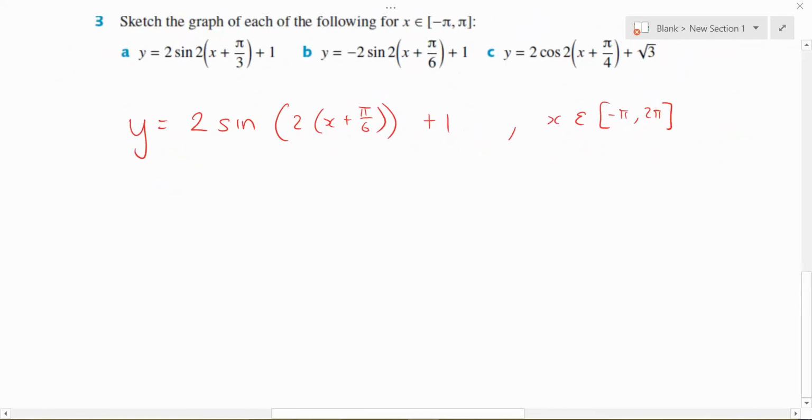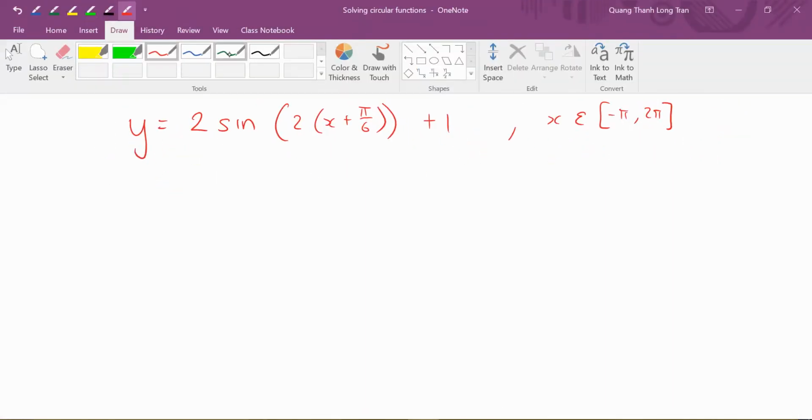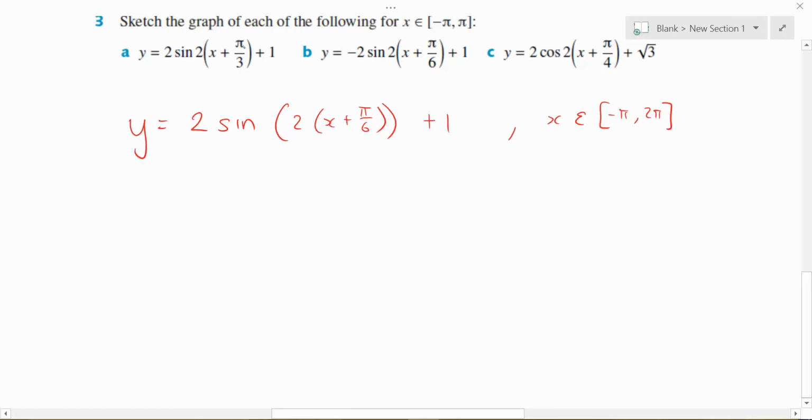Same goal. Let's start off with what we know. What does this 2 tell me here? That's my amplitude. The amplitude is key because it tells you how far up and how far down you have. That's your maximum minimum, yeah? So this is your amplitude, is 2.